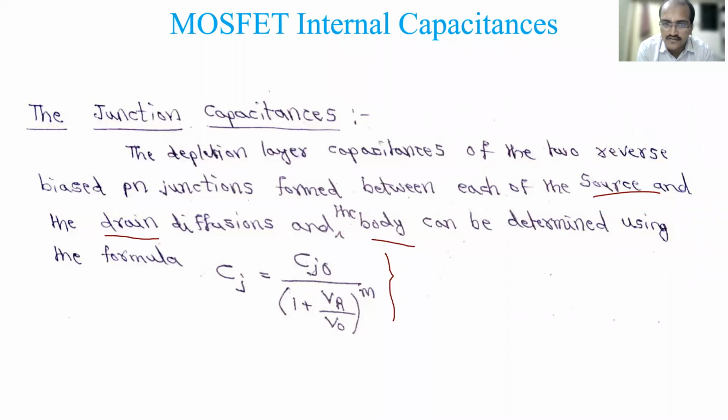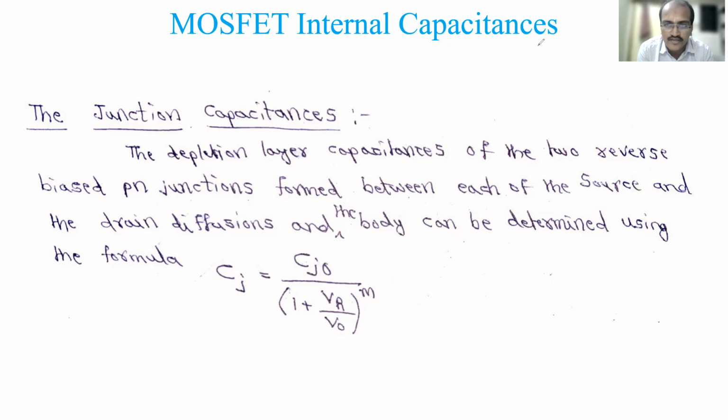This is the capacitance at the 0th value, and VR is nothing but the reverse voltage. When the diode goes reverse bias and you apply a reverse voltage, we call that VR, and M is called the grading coefficient. It can be 2, 3, 4, like that, but here we'll assume it as 2.